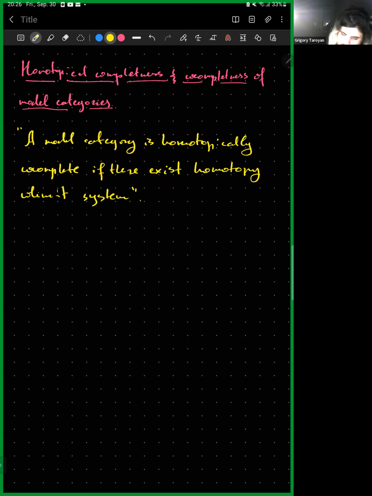So just like in the situation of regular category theory, co-completeness amounts to saying that there exists a certain sort of diagram indexed by a category of small categories.